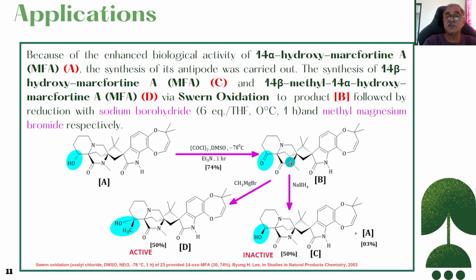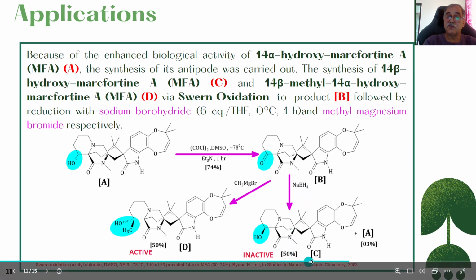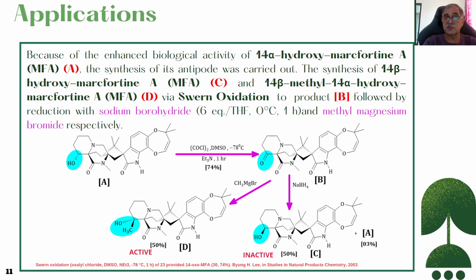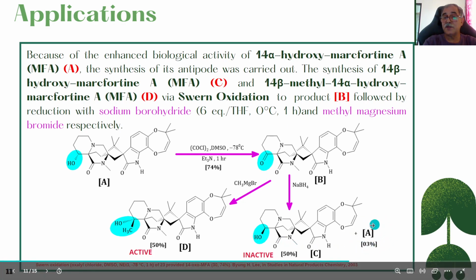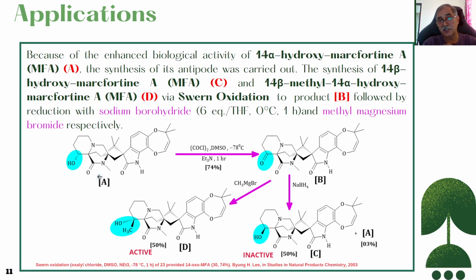And when this ketone is reduced with sodium borohydride, then we got 50% of 14 beta hydroxy Mark 14A, and 3% of this starting material, that is 14 alpha hydroxy.